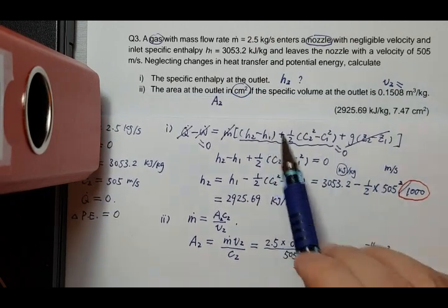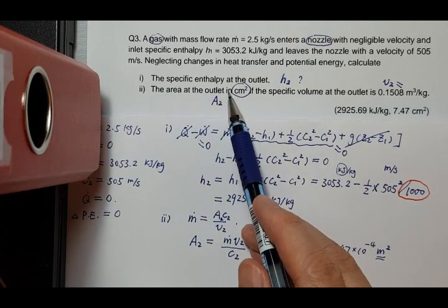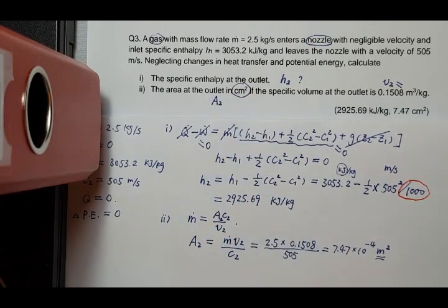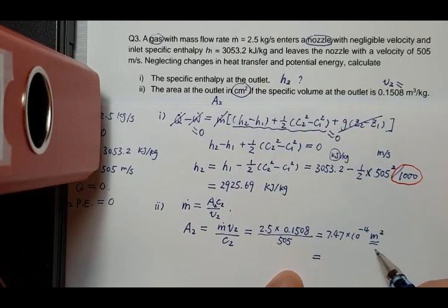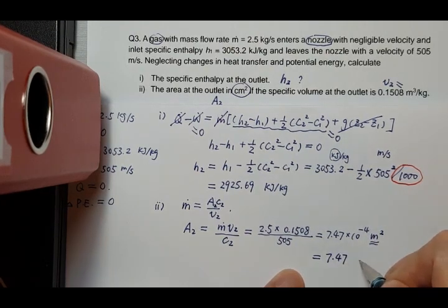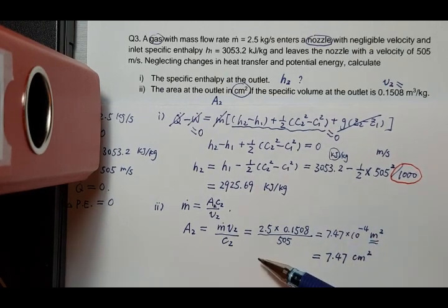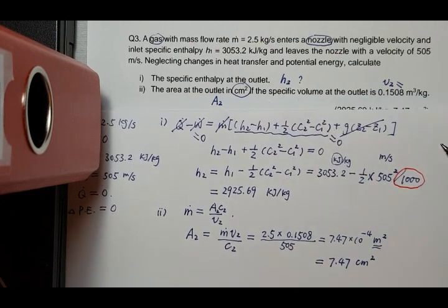And also, don't forget that in the question you're asked to give the answer in centimeter squared. So we just need to do a little bit of conversion here by 10 to the power of 4. So these will be cancelled. And finally, you will get 7.747 centimeter squared. So that's the outlet area in the unit of centimeter squared.